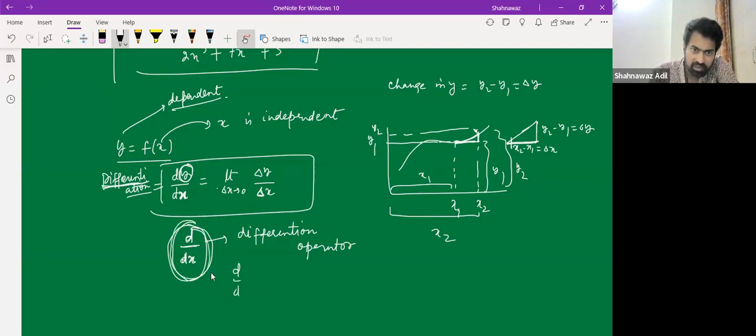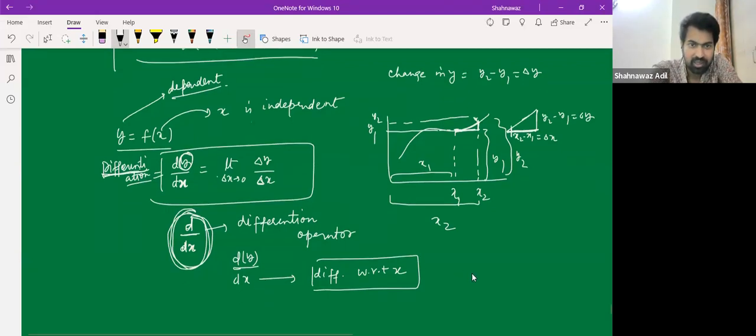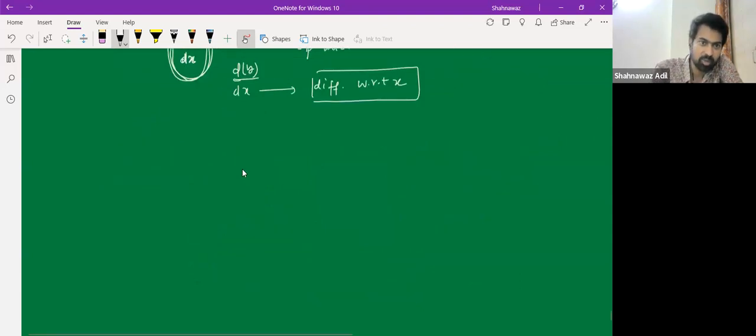So d by dx means differentiation with respect to x, and this is the differentiation of y with respect to x. This we learned in the previous class, right, guys? And then we learned about some properties of differentiation.